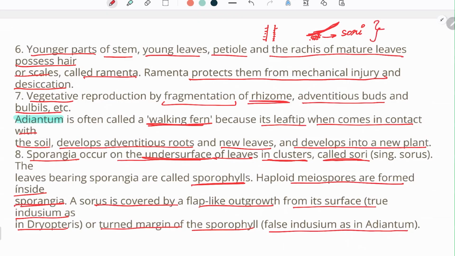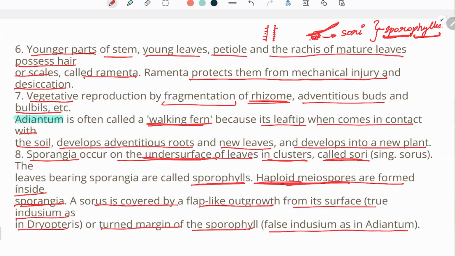This leaf plus sori we call a sporophyll. Sporo means spore and phyll means leaf: the leaf which is producing spores. So the leaf under which sori are present is termed a sporophyll. Inside these sporangia, meiosis takes place and haploid meiospores are produced.